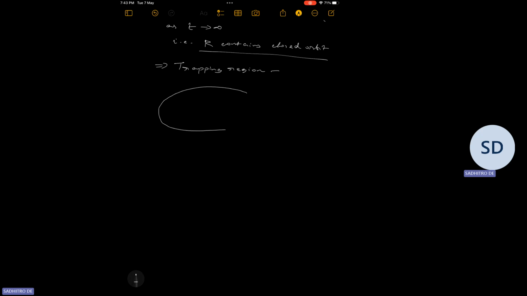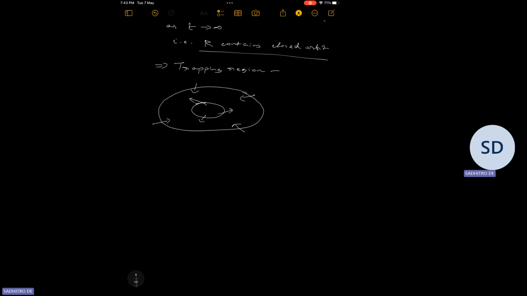In other words, if you have a larger boundary like this and a smaller boundary like this, then the vector field should be such that it points inwards at this larger boundary, and along this smaller perimeter, it points outwards.